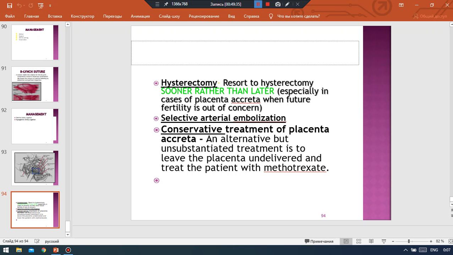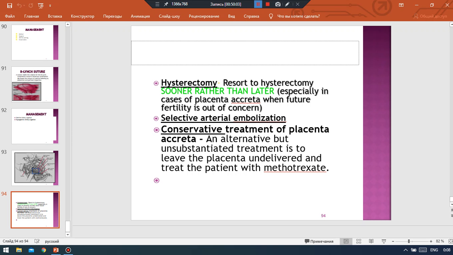In Scotland, life-threatening hemorrhage is defined as more than 2.5 liters of blood loss, women who received more than 5 units of blood, or women who received treatment of coagulopathy after an acute event. It is very important to know the causes of postpartum hemorrhage, the rule of the four Ts.